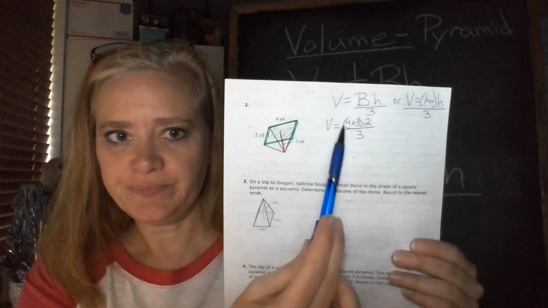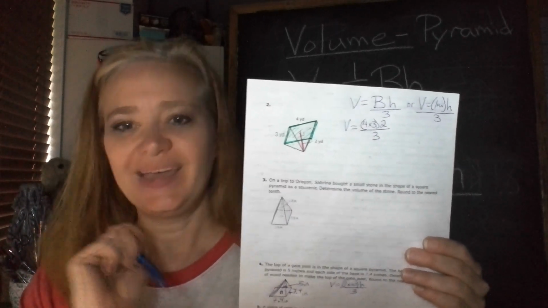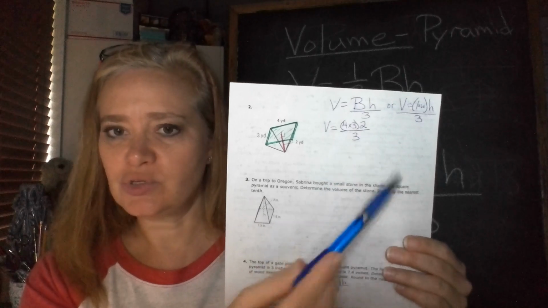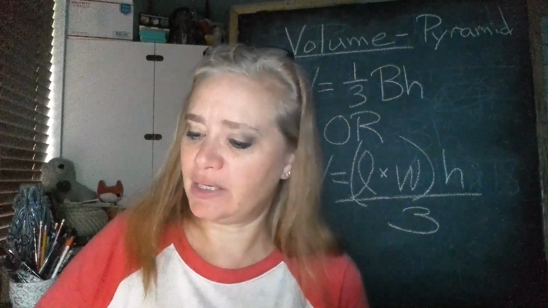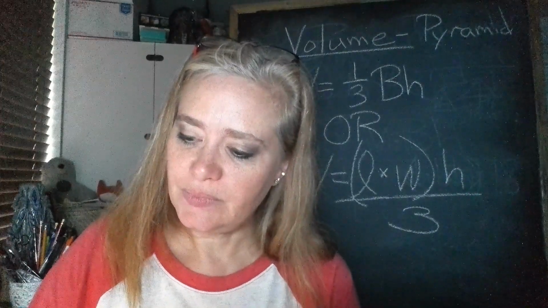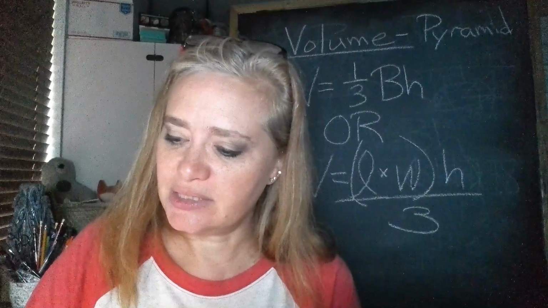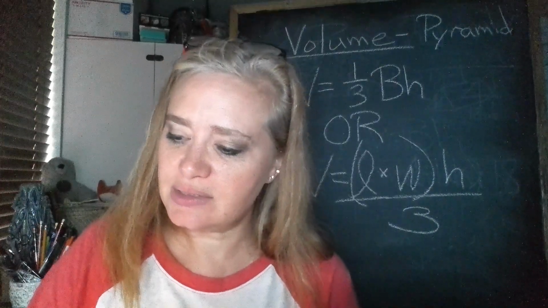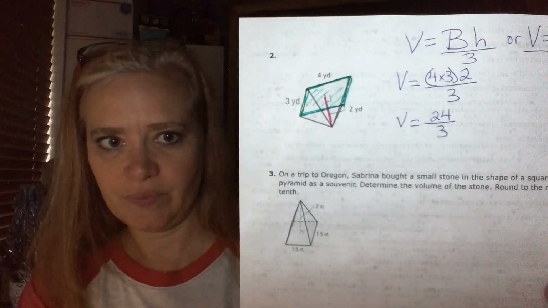All right, so math with me. 4 times 3 is, yep. And now we're going to multiply that by 2, so double that. I know you're writing it down. So carry my V down. I have 4 times 3, which you told me was 12. Excellent. Times 2 is 24. And I'm going to leave my divided by 3.